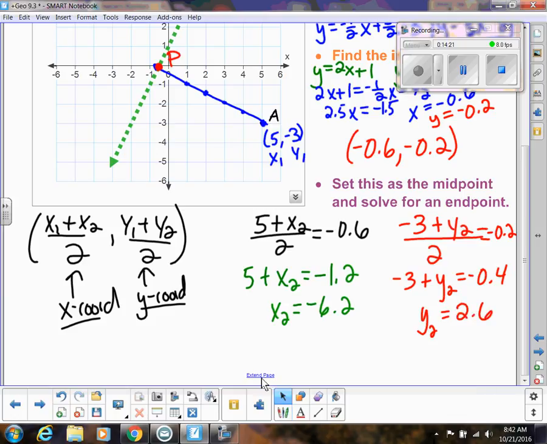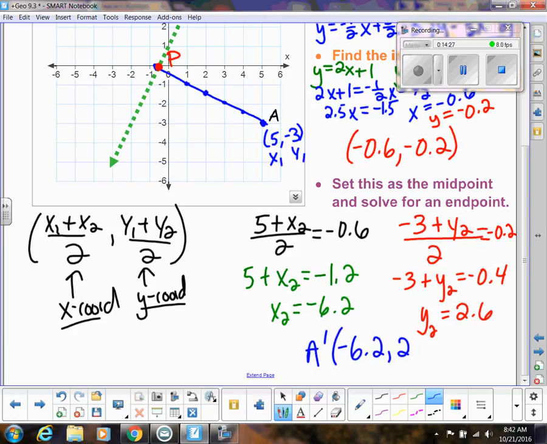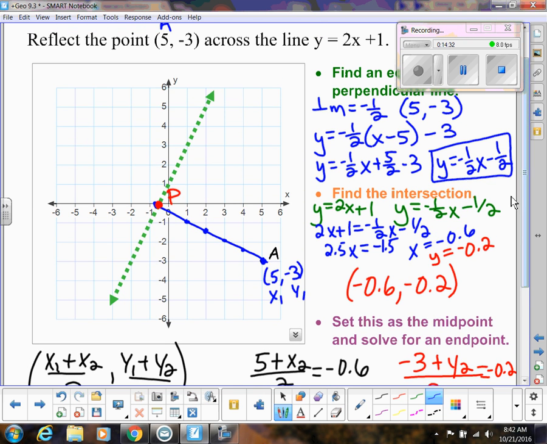So I know that my A prime is going to be (-6.2, 2.6). If I were to estimate where that is on this graph, -6.2, oh, I'm off my graph, and then at +2.6, I'm going to be like over here. Okay, and that looks about right, doesn't it?